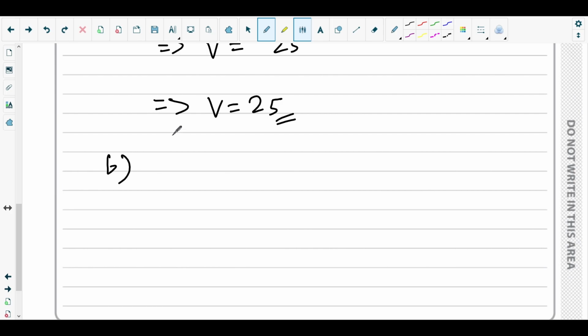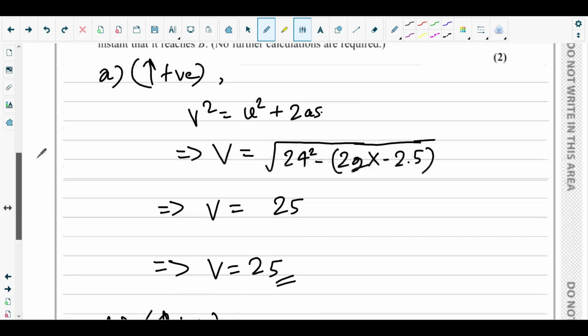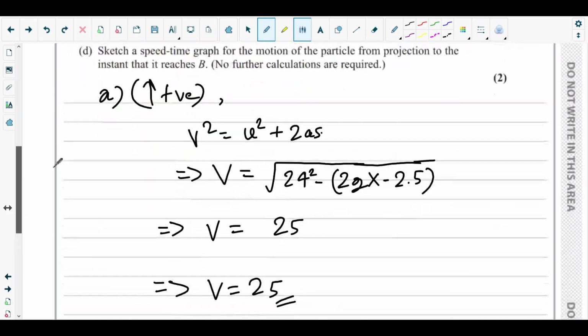For part B, we will consider the upward direction as positive, like before. So acceleration is equal to what? V minus u over t, right? The final velocity V is in the downward direction, so it will be negative, so negative 25, and the initial velocity is positive 24.